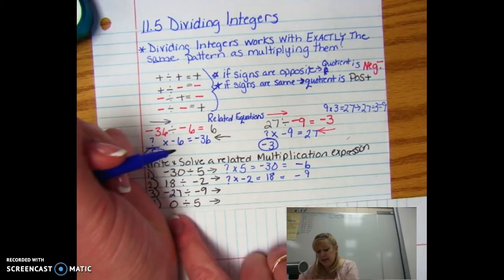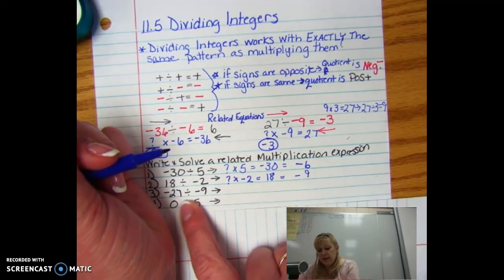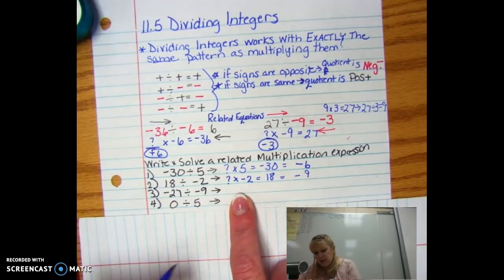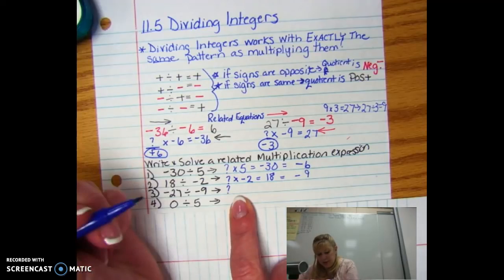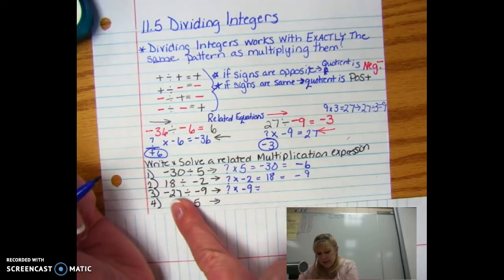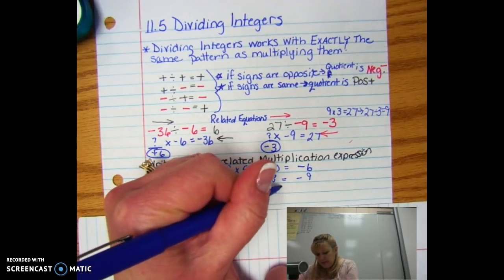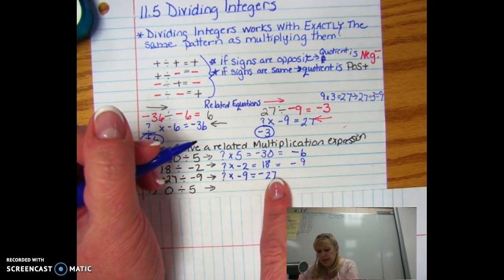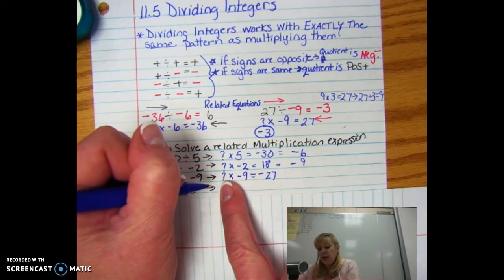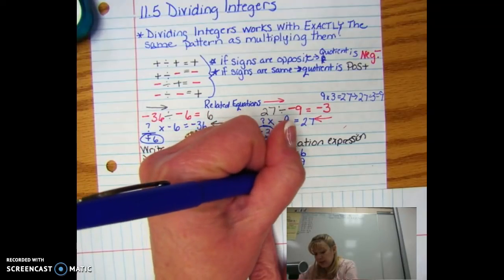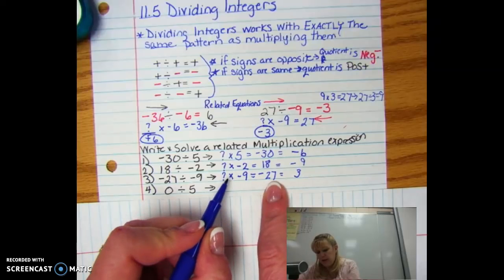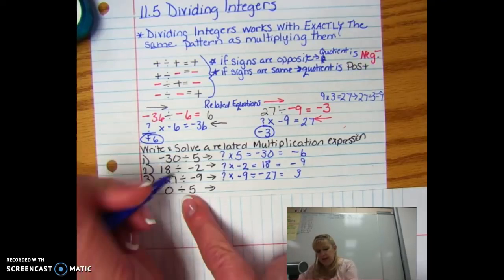That makes sense. Negative 27 divided by negative 9, what's the related expression? Well, it would be question mark, we start with that, times negative 9 equals negative 27. Okay, this is negative, so I know that signs have to be opposite here. So I know that 3 times 9 is 27. Let's check that out. Positive 3 times negative 9 would be, yes, a negative 27.